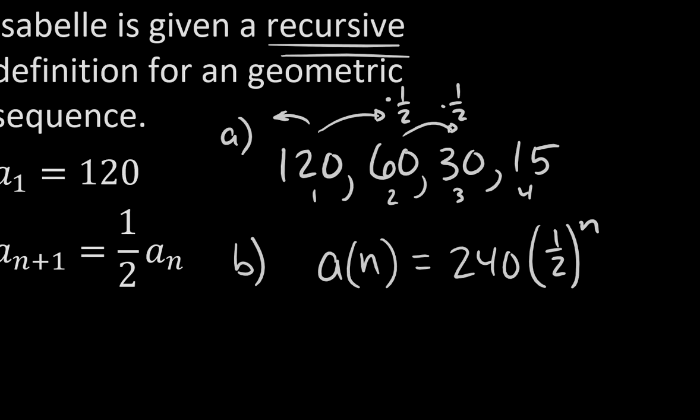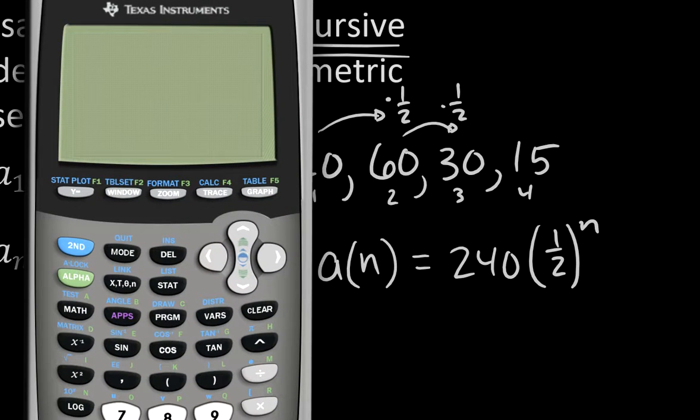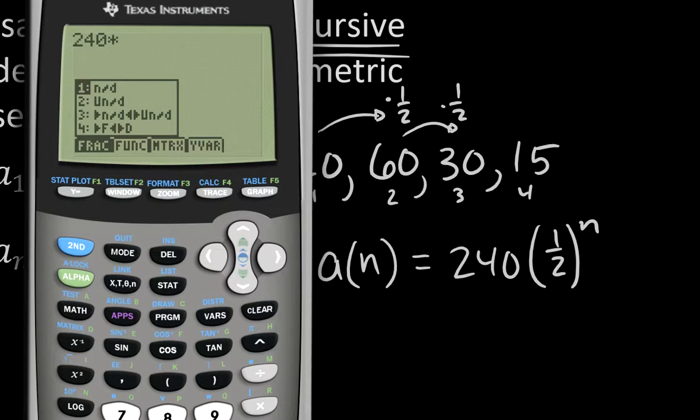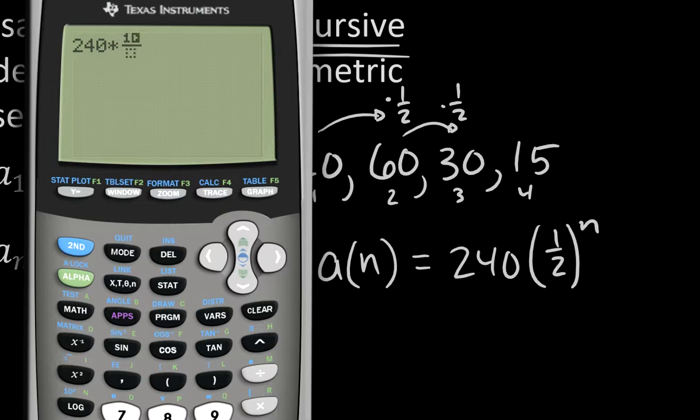Now, as nice as that looks, it's not right if it's not producing the correct values. So I want to quickly grab my calculator, and I'm just going to do 240 times, and then I'll grab a fraction here. 1 divided by 2, and I should use parentheses.